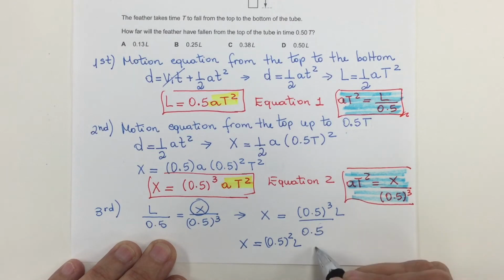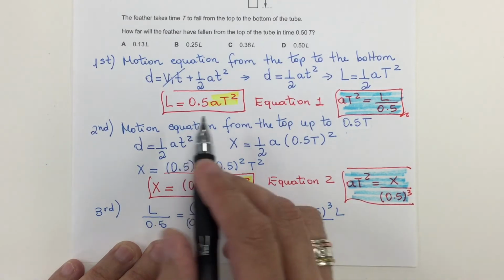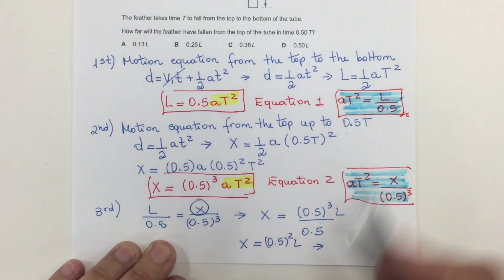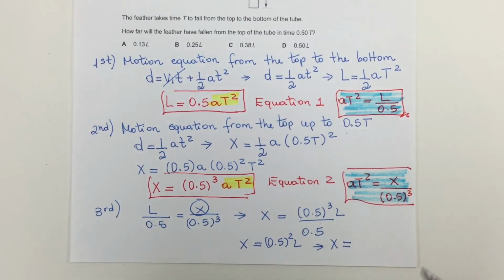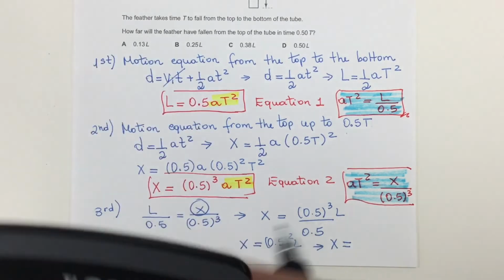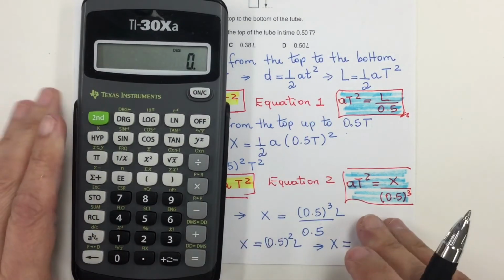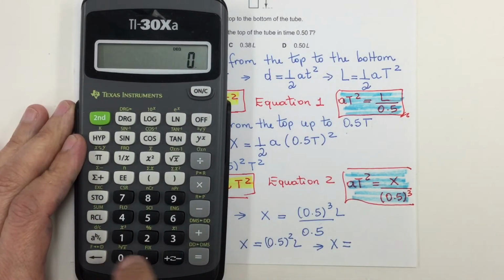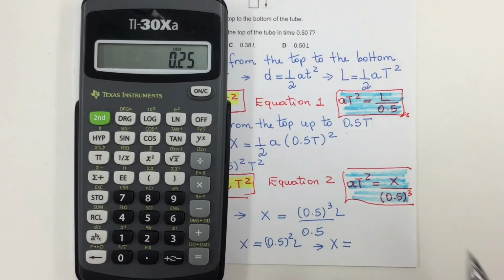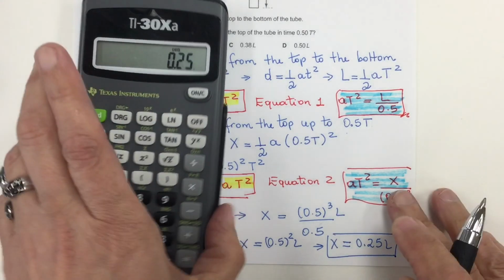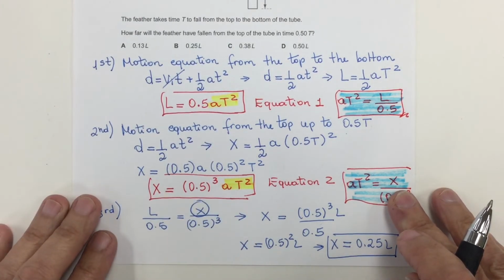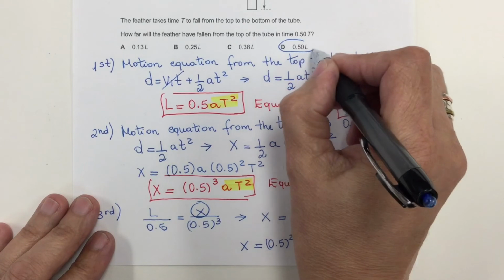Because it cancels out. Now, because the answer is showing decimals, calculator time: 0.5 squared is 0.25, so x is 0.25 L. Got the answer. Do I have one? Yes, right here, 0.25 L.